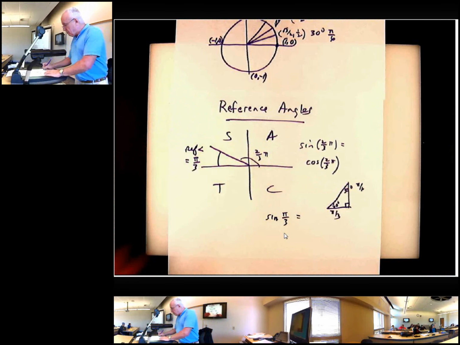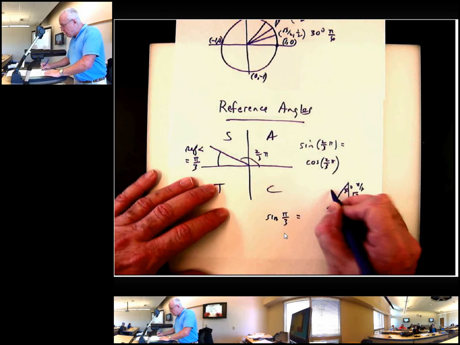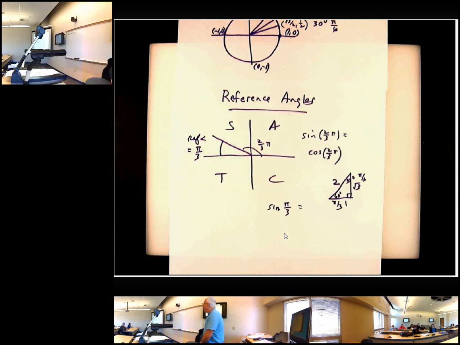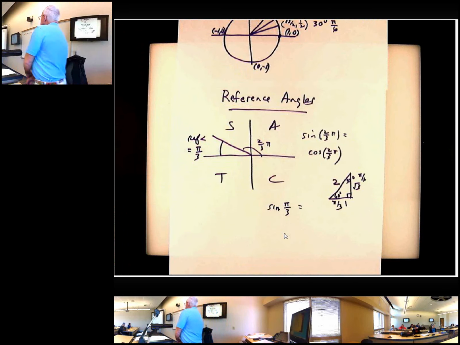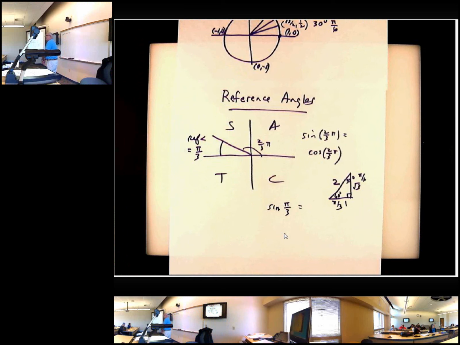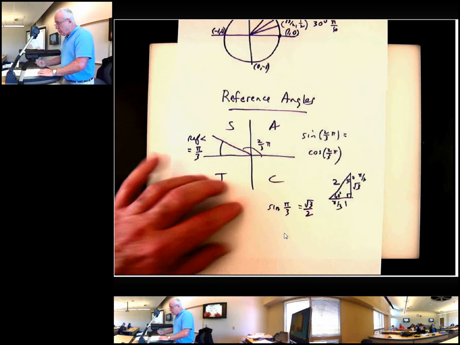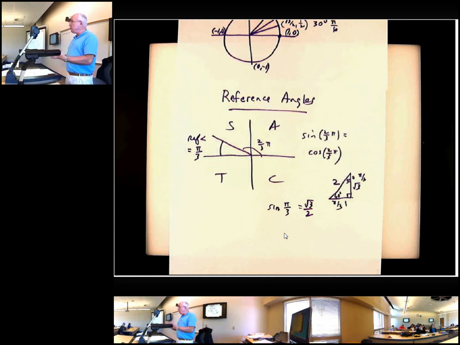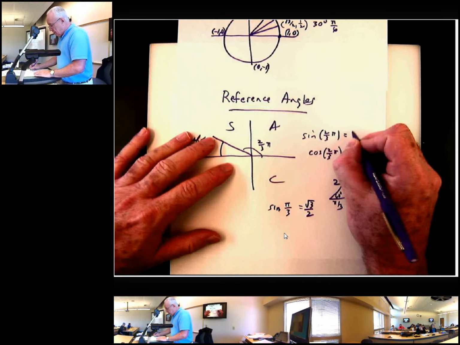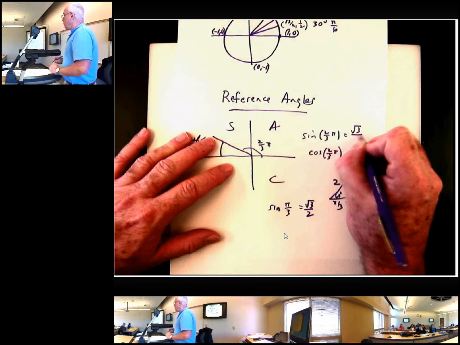And this is going to be a 1, this is square root of 3, and that's a 2. So the sine of pi over 3 is opposite over hypotenuse, so that's square root of 3 over 2. And up here it's also going to be a positive number, so it's the square root of 3 over 2.